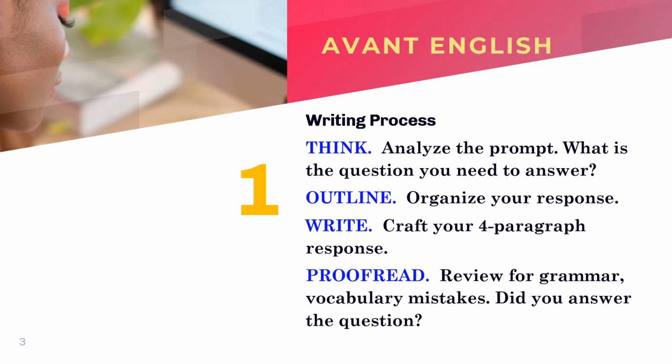Number 3, write. Craft your 4-paragraph response to writing task 2 or your report format for writing task 1. And finally, number 4, proofread. Review for any grammar, vocabulary mistakes, and did you answer the question?